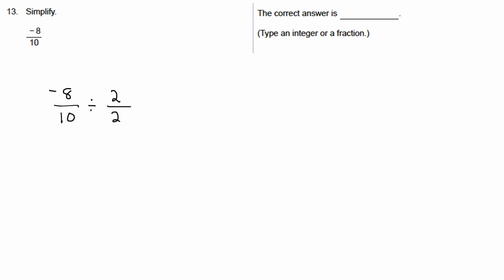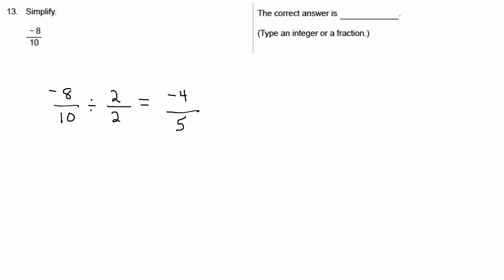It's important that you divide both the top and the bottom by the same number. So -8 divided by 2 is a -4. And then 10 divided by 2 is a +5.